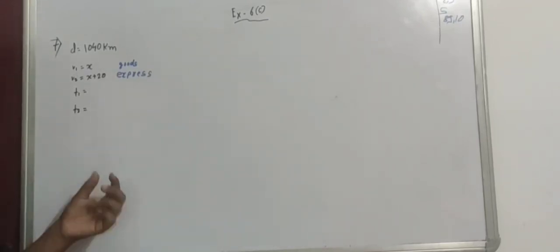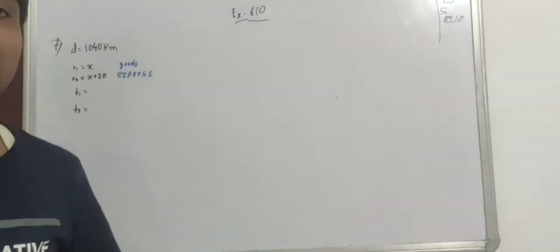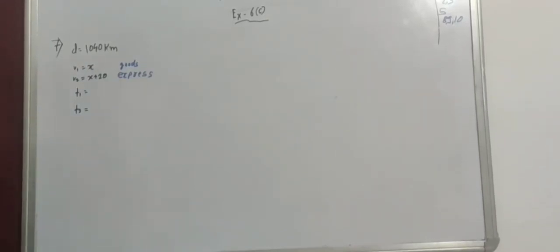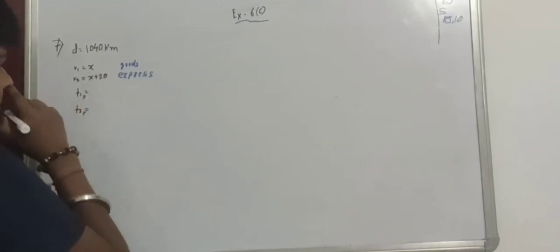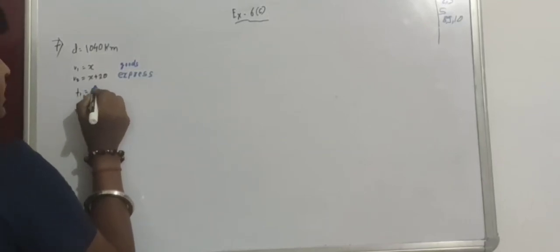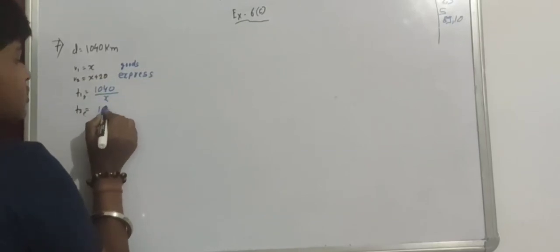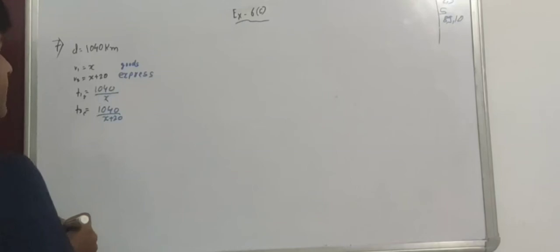Meaning if the speed of the goods train is x, the express train speed is 20 km plus the speed of the goods train, so x plus 20. So now the time taken by the goods train is 1040 by x, and by the express train is 1040 by x plus 20.